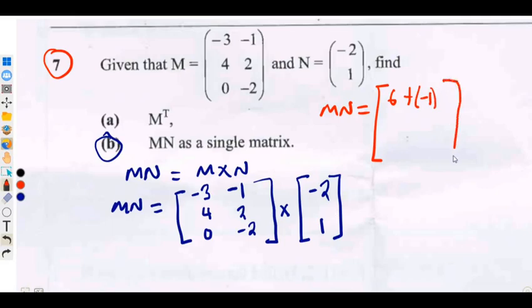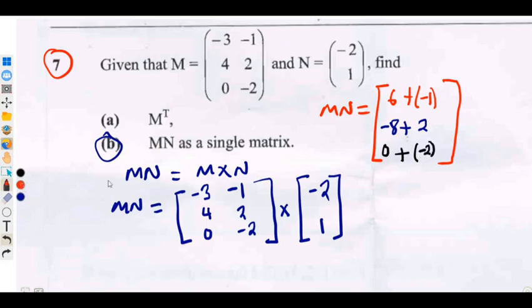Then row by column, 4 times negative 2 gives us negative 8, plus 2 times 1 to give us a 2. We are done. Then we come to this row by column, 0 times negative 2 is a 0, plus negative 2 times 1 to be negative 2.